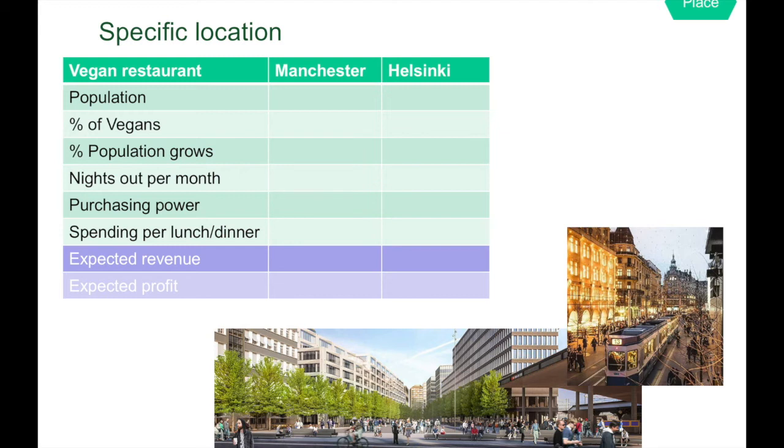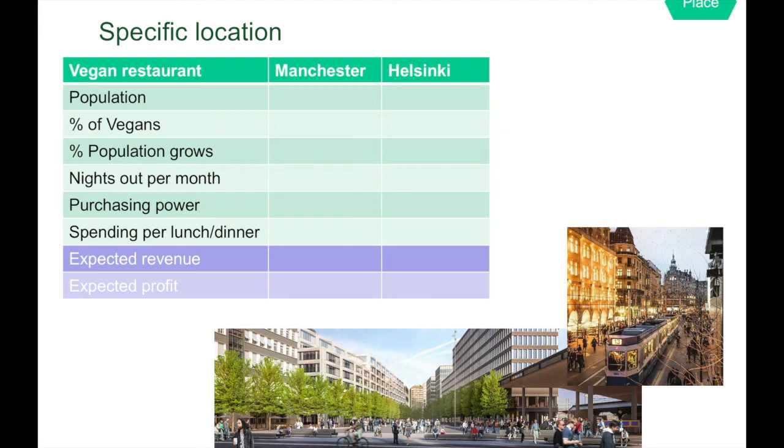How many nights per month do they go out for eating? What is the purchasing power, and what is the average spending per lunch or per dinner? And based on these numbers, we could calculate the expected revenue or potentially the expected profit. So this would be a clear structure for how we can select which of the 2 locations, Manchester or Helsinki, would be the better one to actually set up a vegan restaurant.